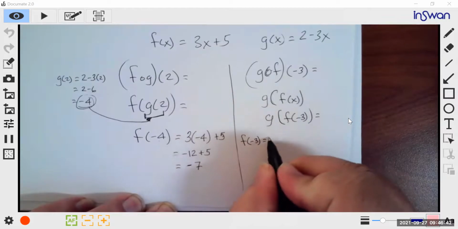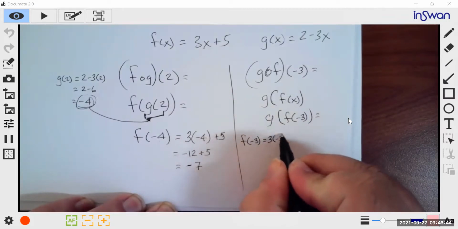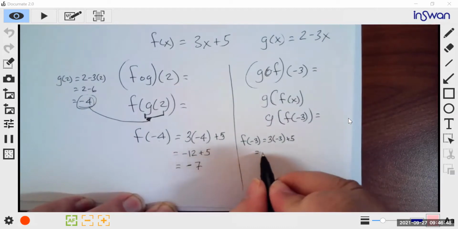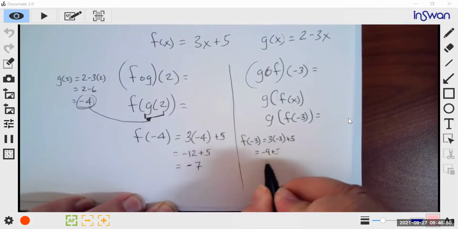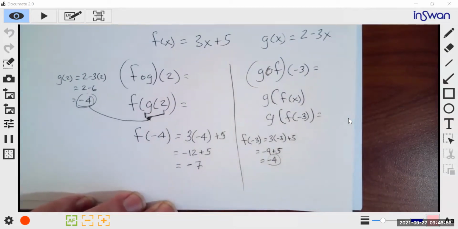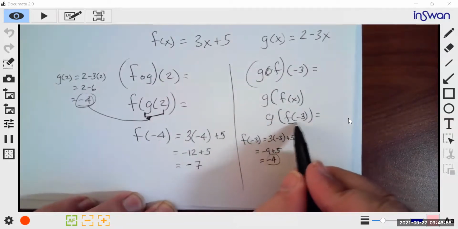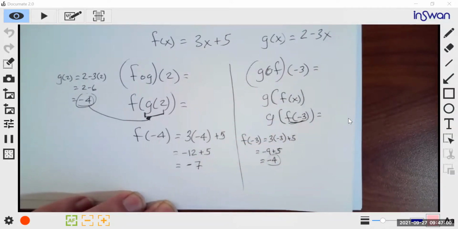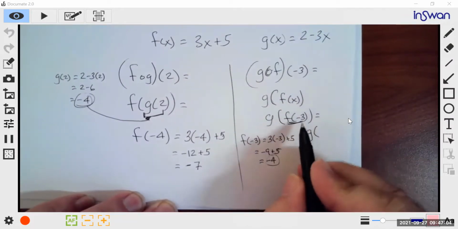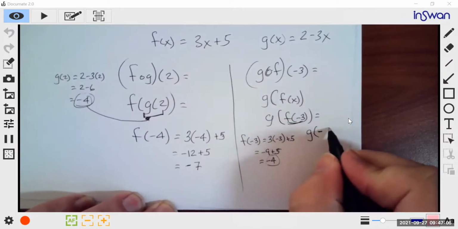Negative 9 plus 5 is negative 4. Let's first find f of negative 3. So f of negative 3 is negative 4.